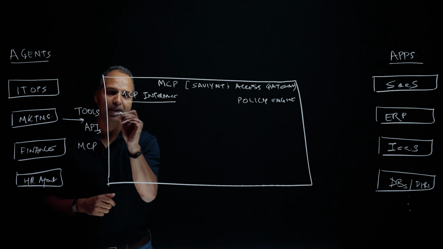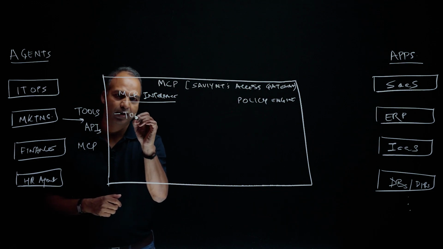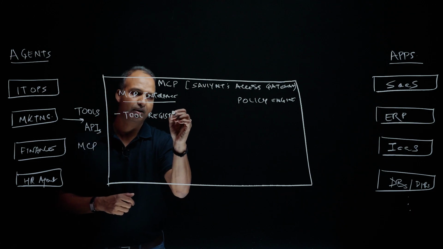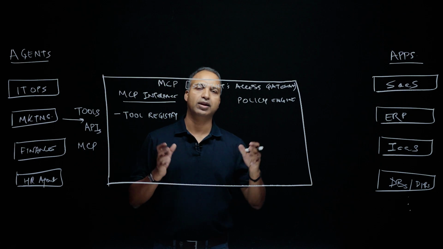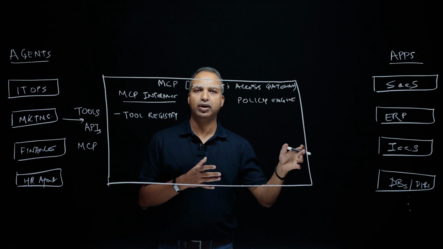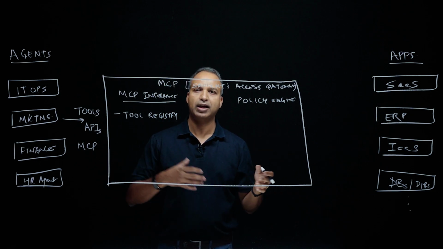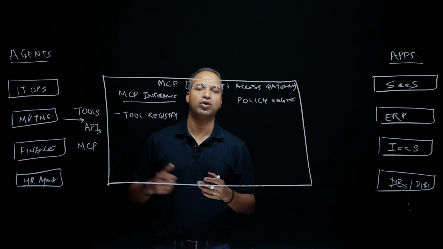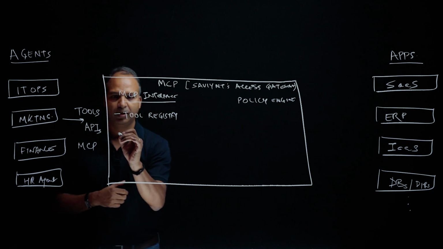Now, what does that MCP interface give you? One, it offers you a tool registry, which means any and every tool of your underlying applications can be exposed, controlled, and defined what all are going to be available for the agents to consume, number one.